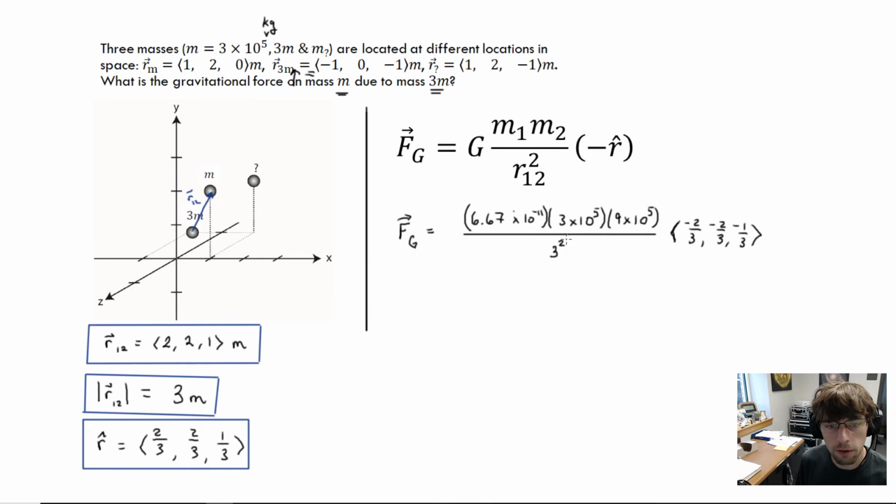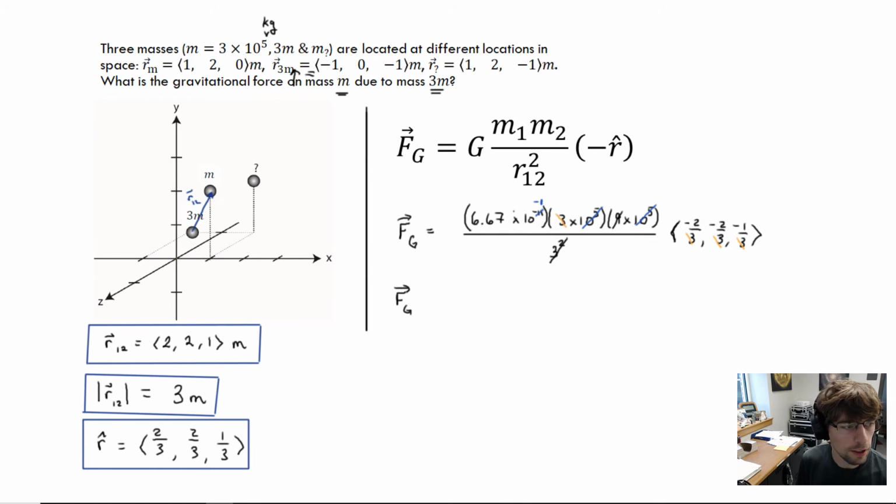Now we run it. Well, 3 squared, get rid of the 9. That's nice. And in fact, you see that, oh goody, we have a 3, 3, 3, not by accident. And so we end up with something that says the force of gravity. Oh, I guess I forgot to cancel out. Let's see. 10 to the 5th, 10 to the 5th. So if I cancel these out, this just gives me 10 to the negative 1. Right? I have 10 to the negative 11th plus 5 plus 5.